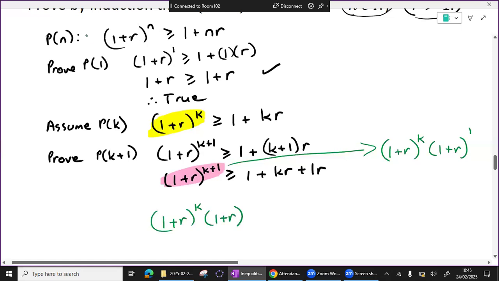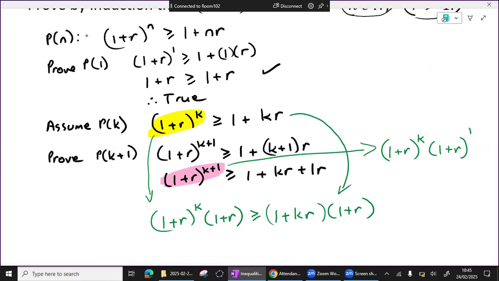Now, if you adjust the yellow on the left, you have to adjust the yellow on the right. So what I mean by that is, if we multiply the yellow by 1 + r, then we have to multiply this by 1 + r as well. Otherwise, we're messing with the actual maths, we're messing with the inequality.